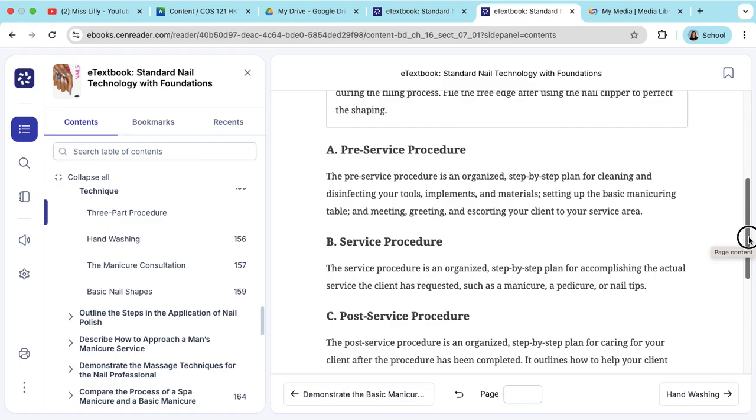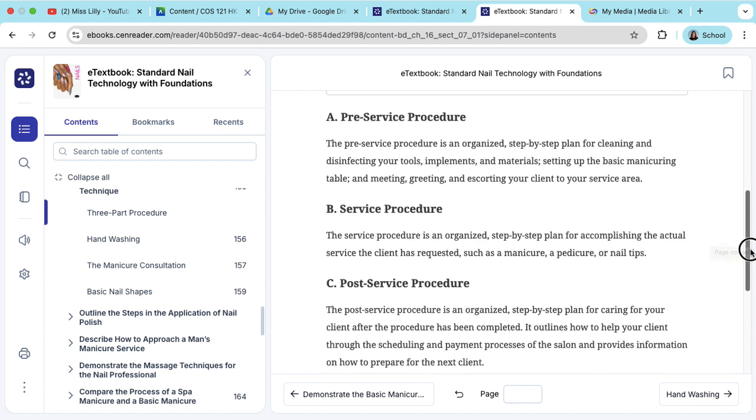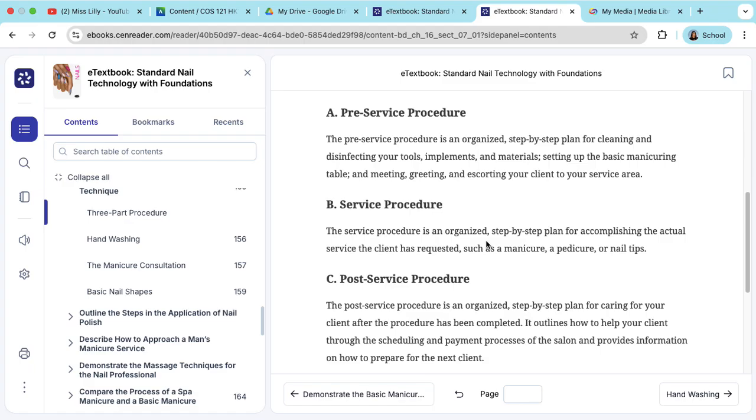The pre-service is when you get prepared for your client. The service itself is when you are taking care of the client, performing the services, and post-service is the plan of after the service. What are you recommending? What are you charging?